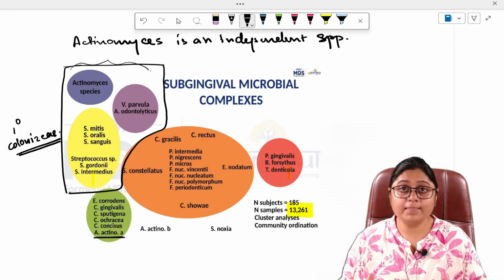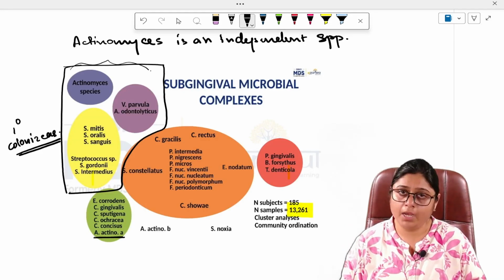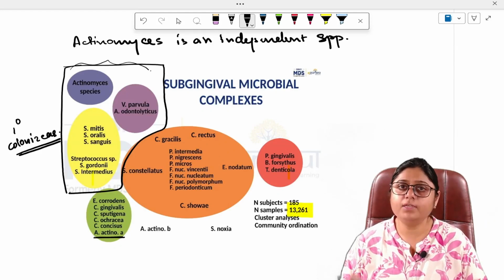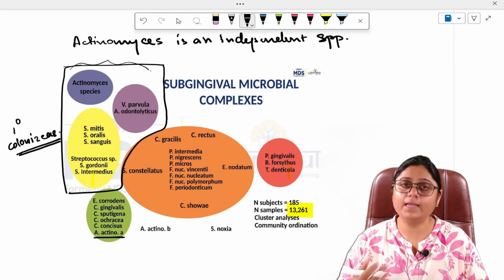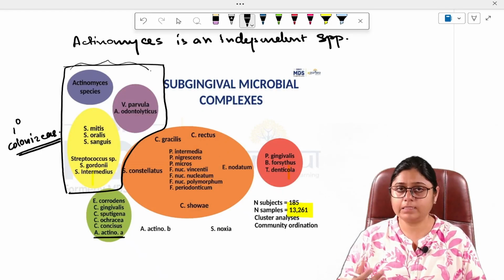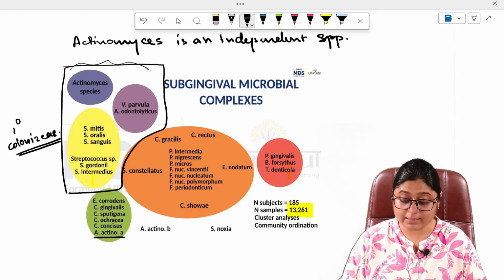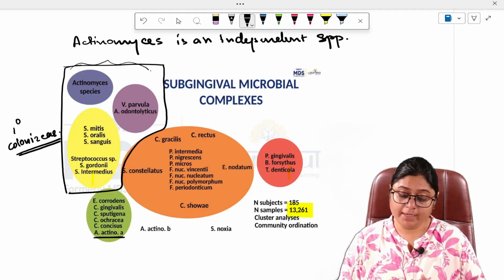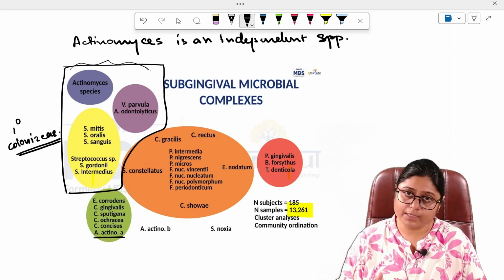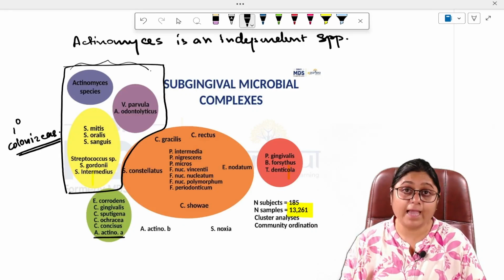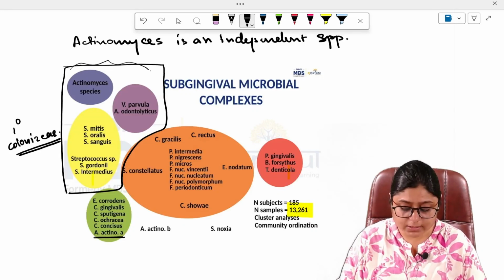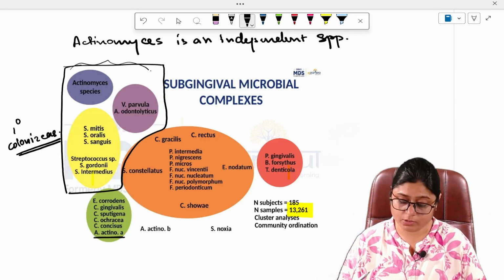So basically, Actinomyces has 6 strains from A to F, and out of this, A is responsible for aggressive periodontitis. Strain A was obtained along with the bacteria of green complex, guys. So you have to remember that green complex bacteria consist of Actinomyces A also.